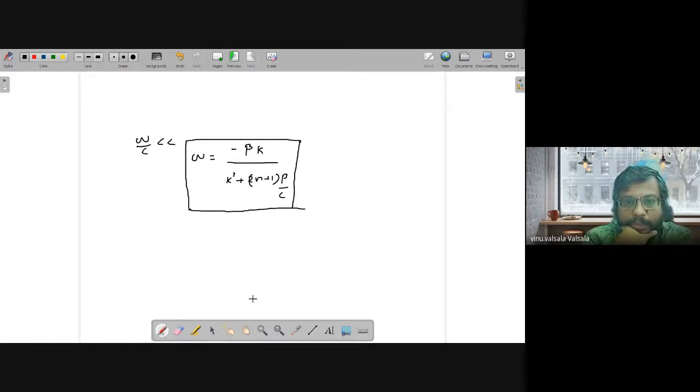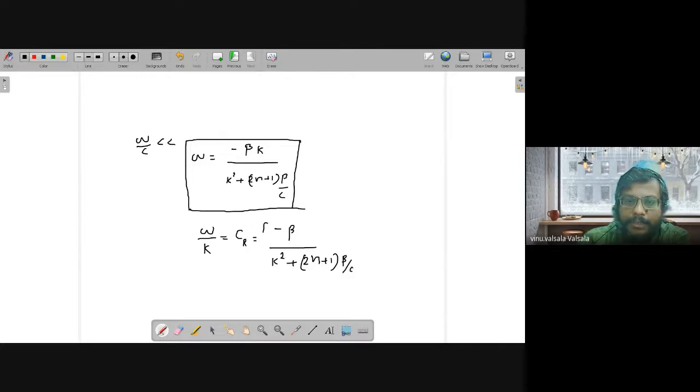So what does this mean? I can simplify this omega by k. What is omega by k in any wave? It is equal to the speed of the wave. Let me type CR. The speed of the wave is equal to, it is negative, that means it's always traveling in the westward direction, beta divided by k power 2 plus 2 times n plus 1 beta by c.